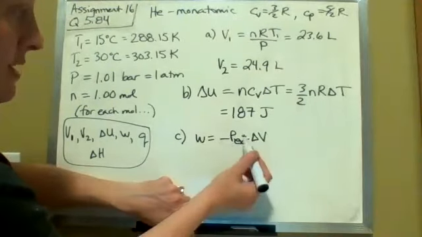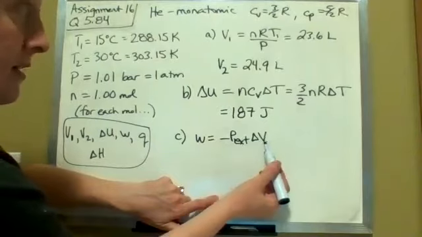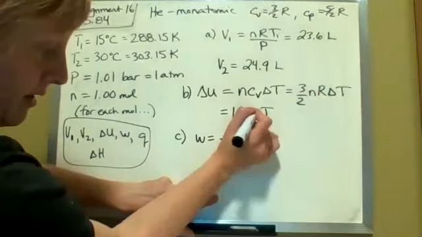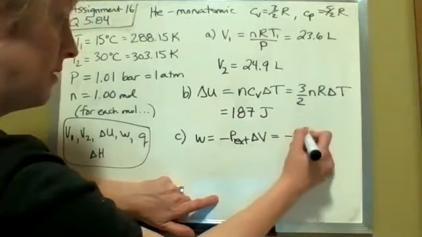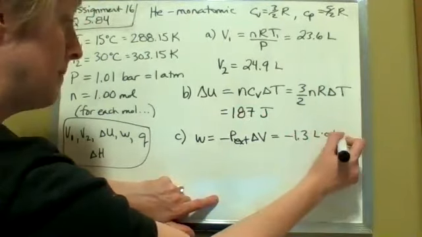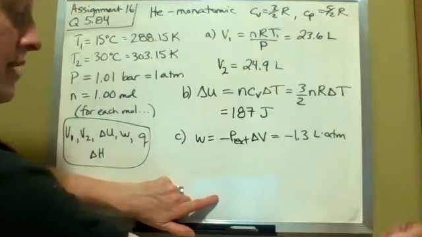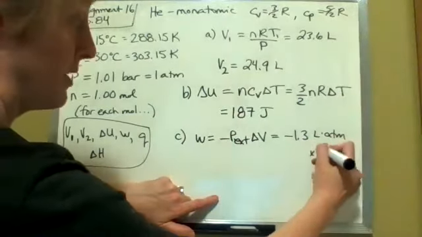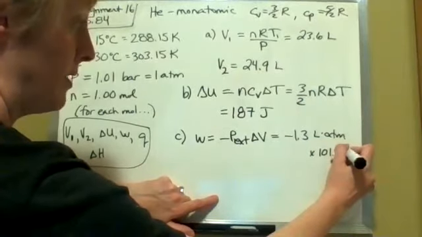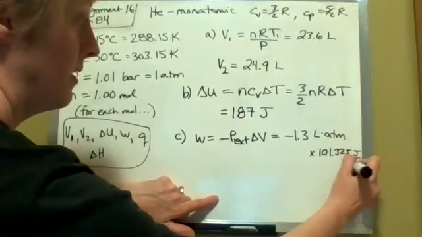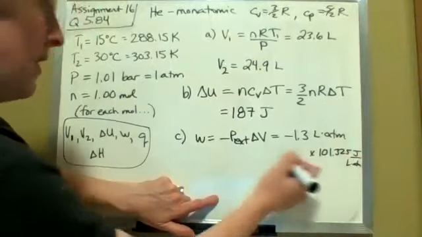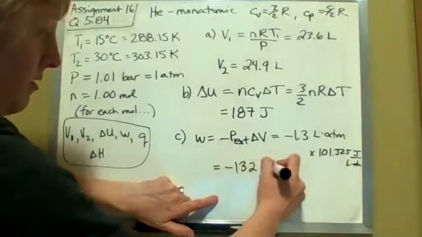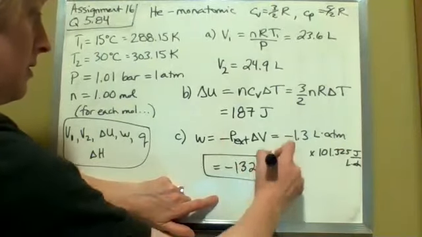So if I use 1 atmosphere and V2 minus V1 in liters, you're going to end up with a value of minus 1.3 liter atmospheres, that you then have to transform into joules by multiplying by 101.325, that's joules per liter atmosphere. So your work is going to be minus 132 joules.